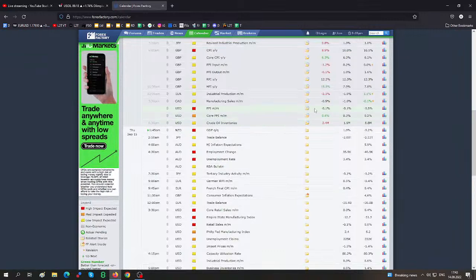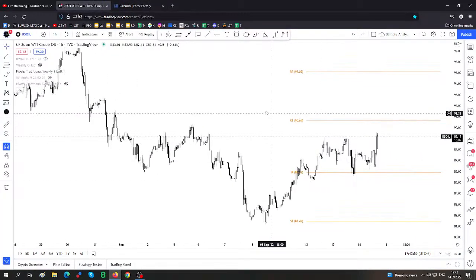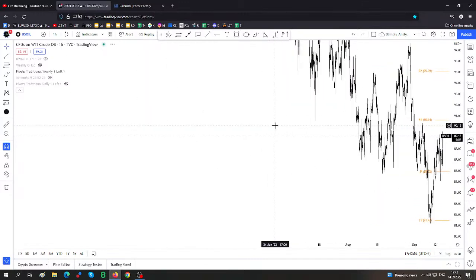So PPI in line with expectations, core PPI better than expected, and I will start with the crude oil, with the US oil, because earlier today crude oil inventories came in above expectations, which could be bad for the price of oil in the short term.